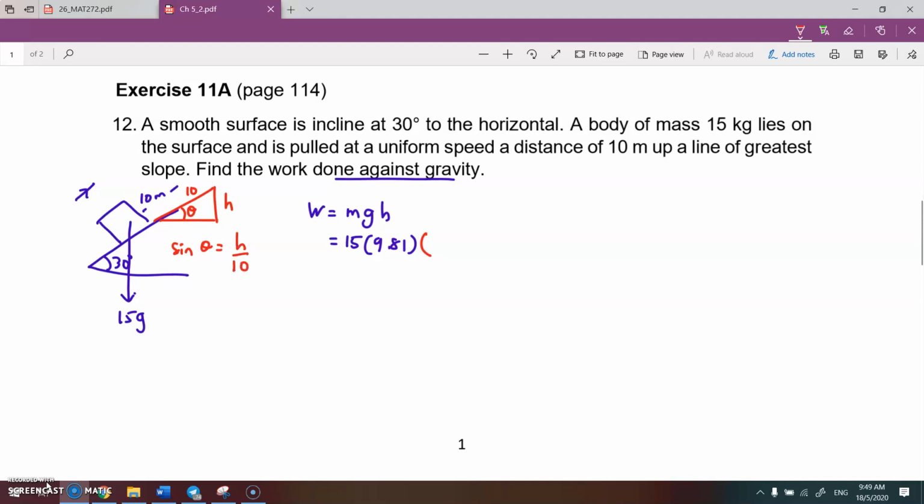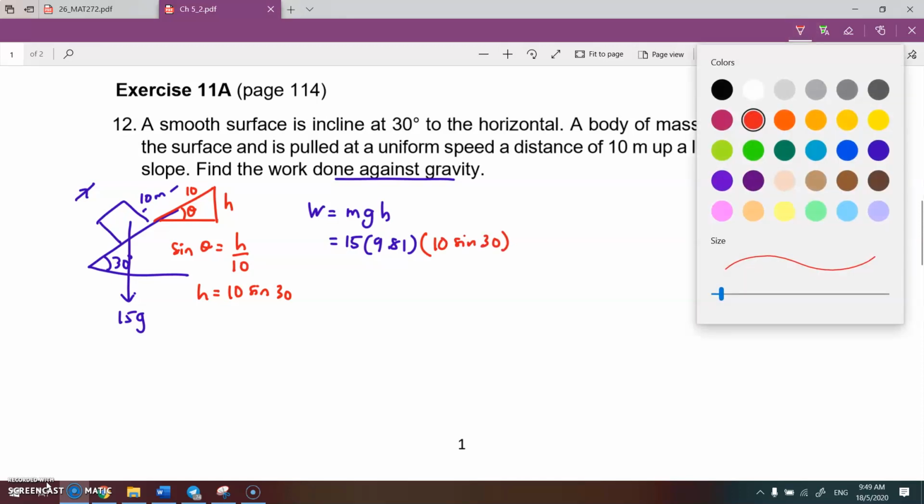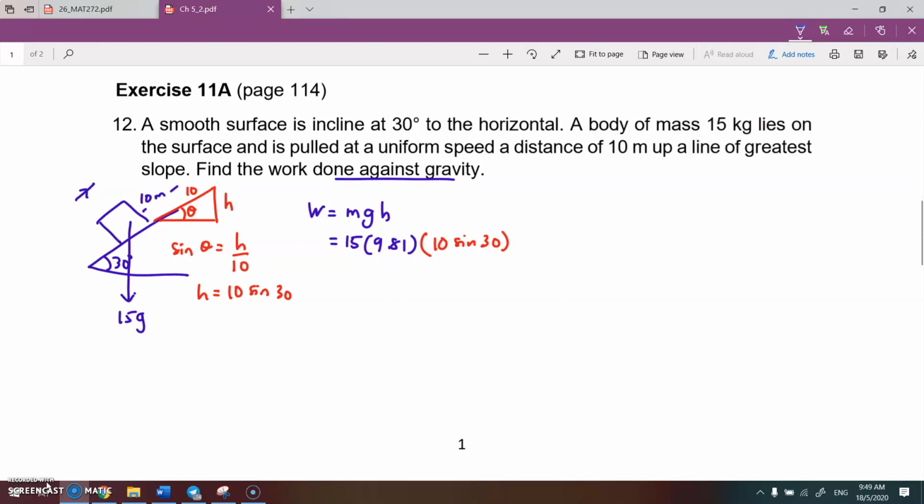So h is 10 sin 30. Just use your calculator: 15 times 9.81 times 10 sin 30. So your answer is 735.75 joules.